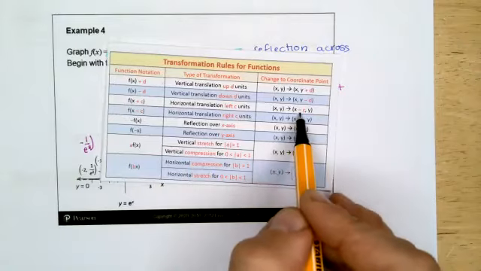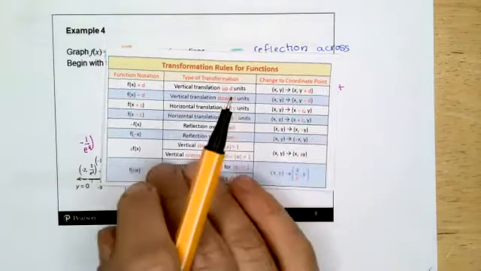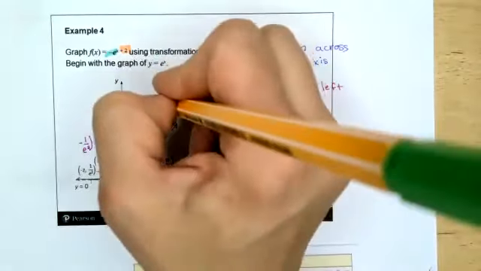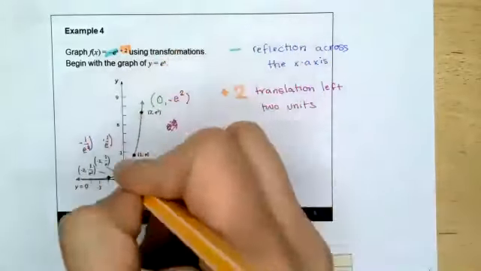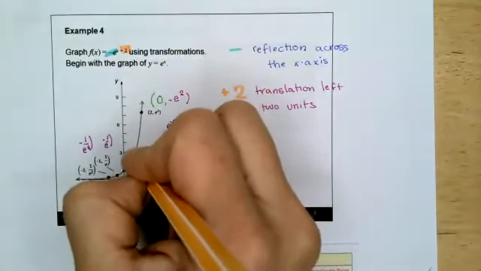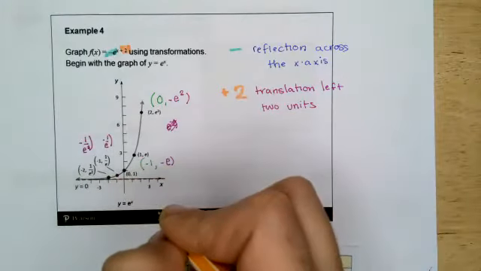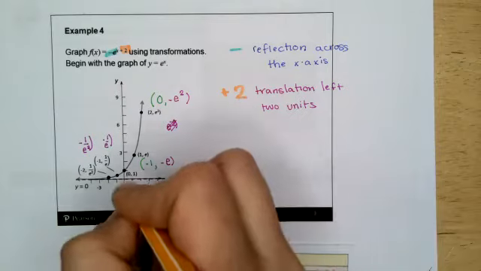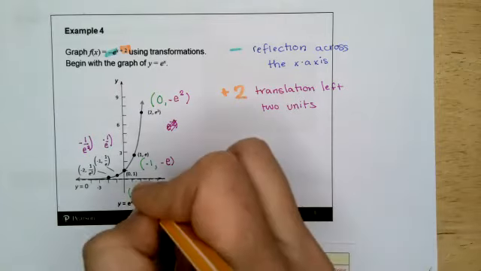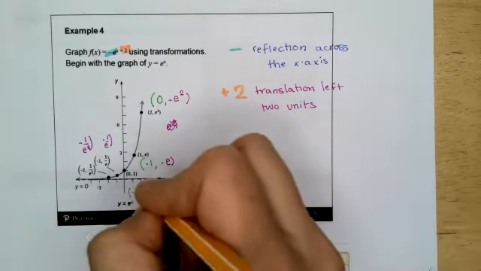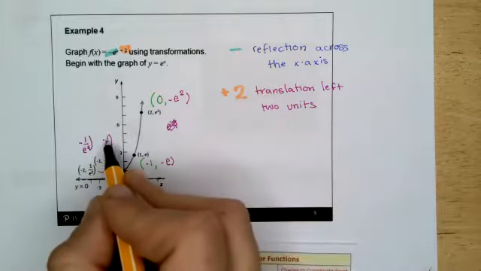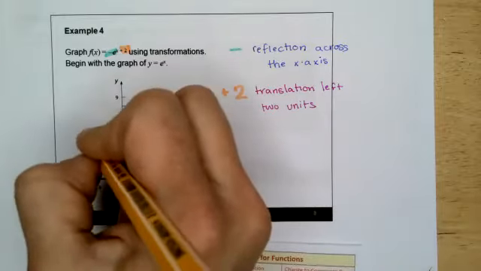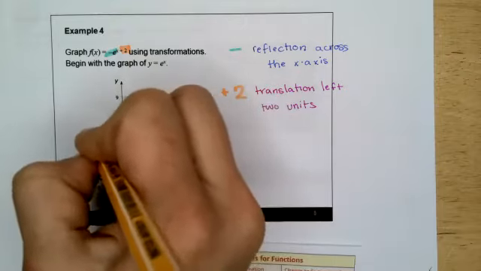Left 2 units means we're subtracting 2 from every x. So instead of 2, that's going to be a 0. Instead of a 1, that's going to be a -1. Instead of a 0, that's going to be a -2. Instead of a -1, that's going to be a -3.